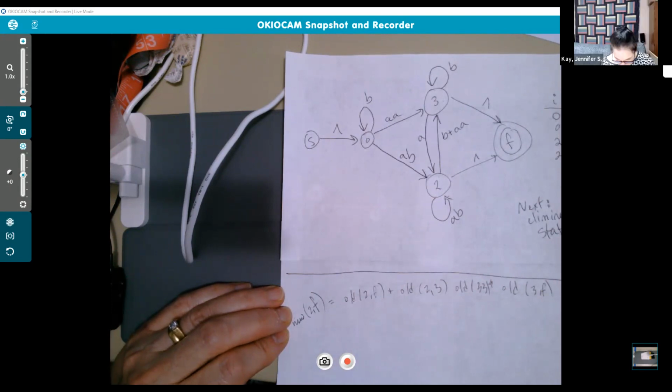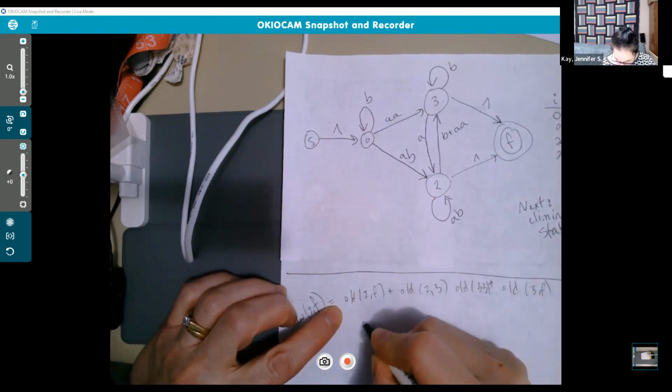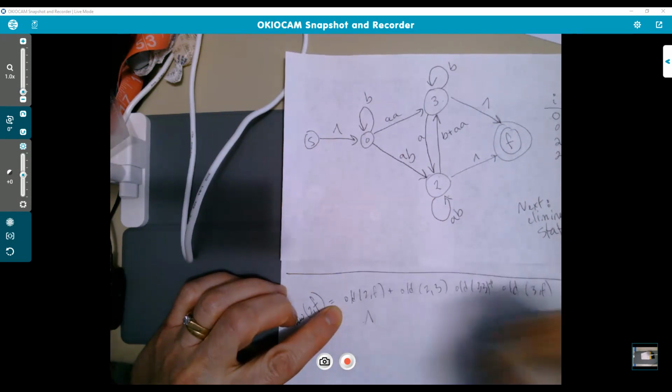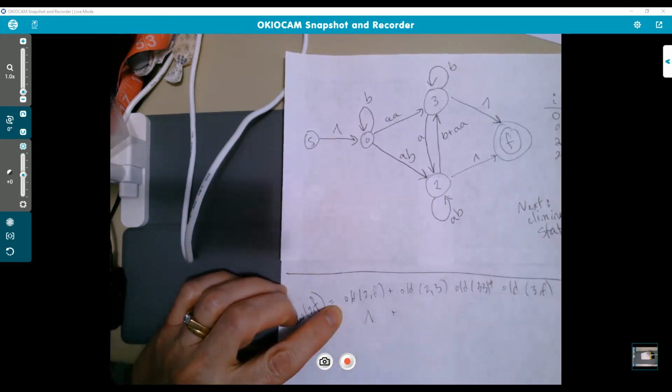You need parentheses too. There's lambda, right? Old 2 to F is lambda. Okay. Plus what? B plus AA in parentheses.